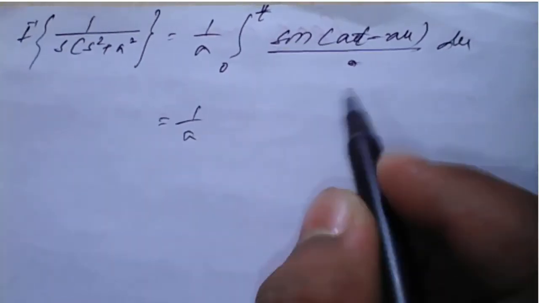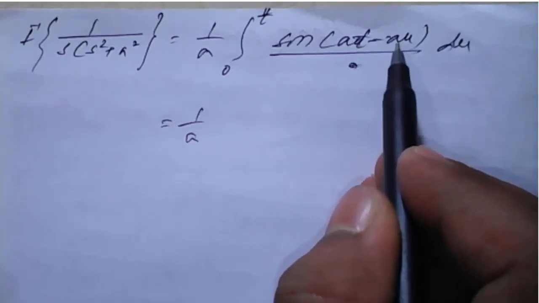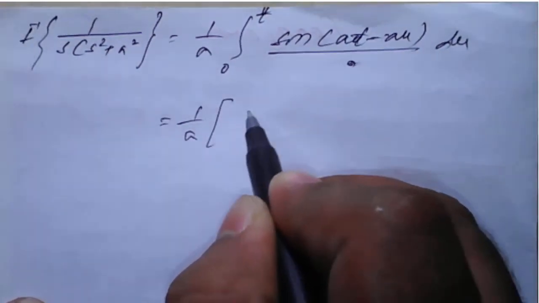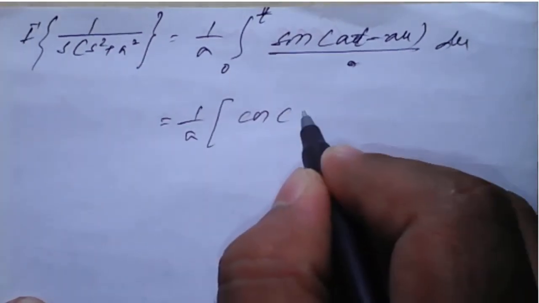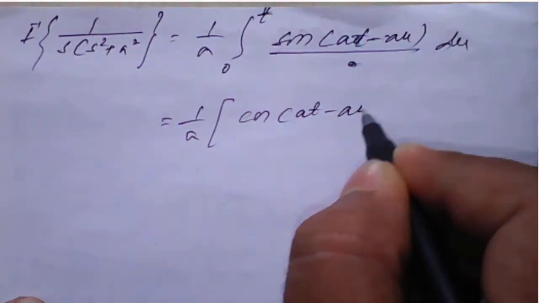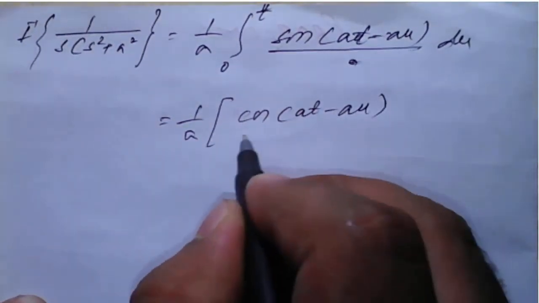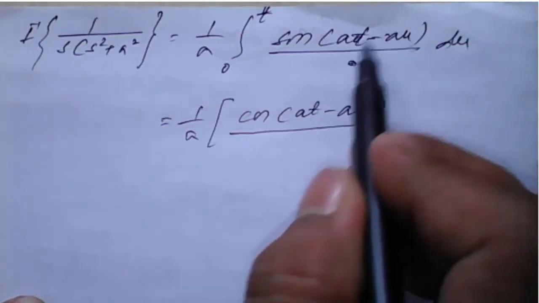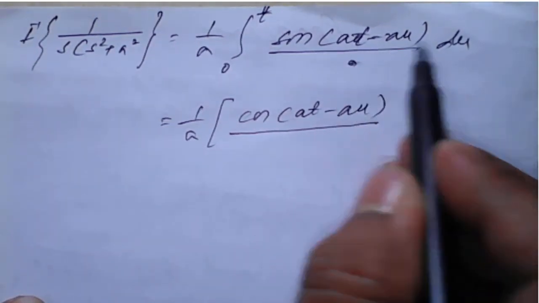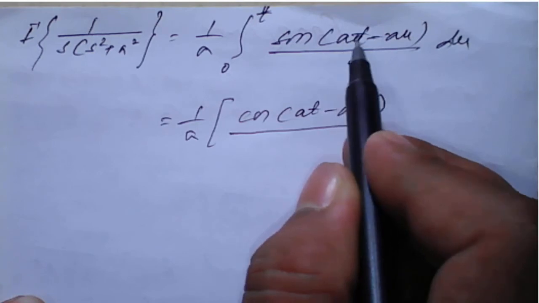So integration of sine of at minus au is cos of at minus au divided by the differentiation of at minus au with respect to u.